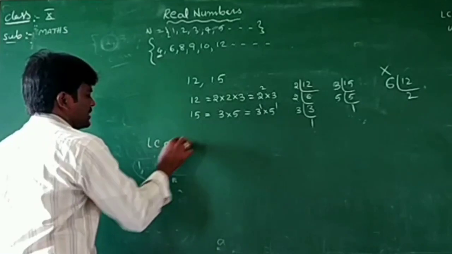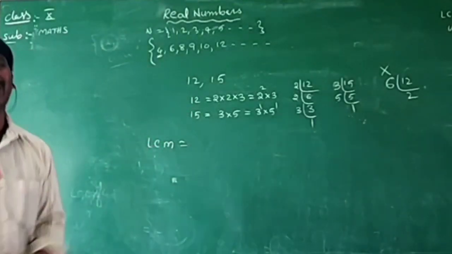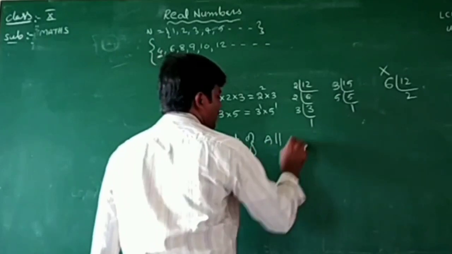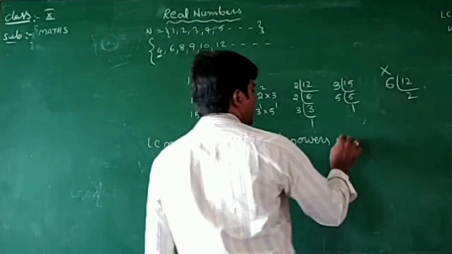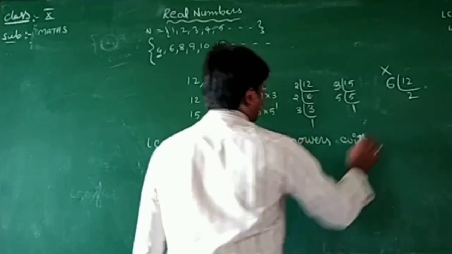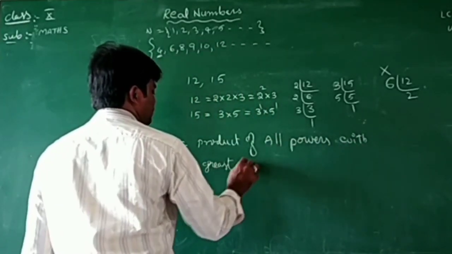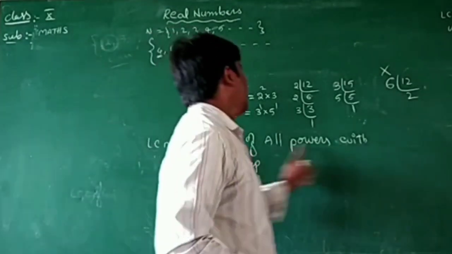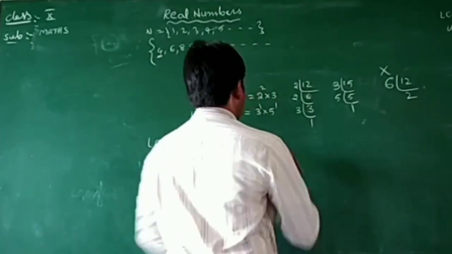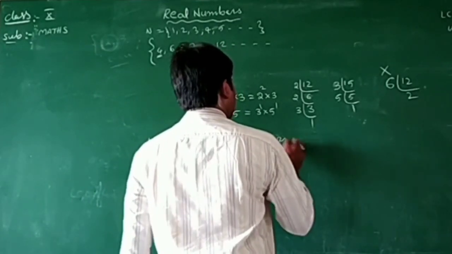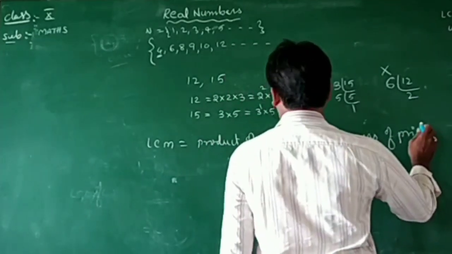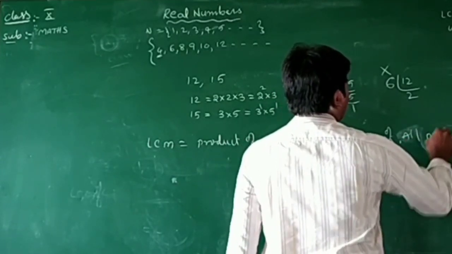Now what is the LCM? How to find the LCM in this method? In this method, LCM is the product of all powers with greatest exponents, the product of the greatest powers of all primes.